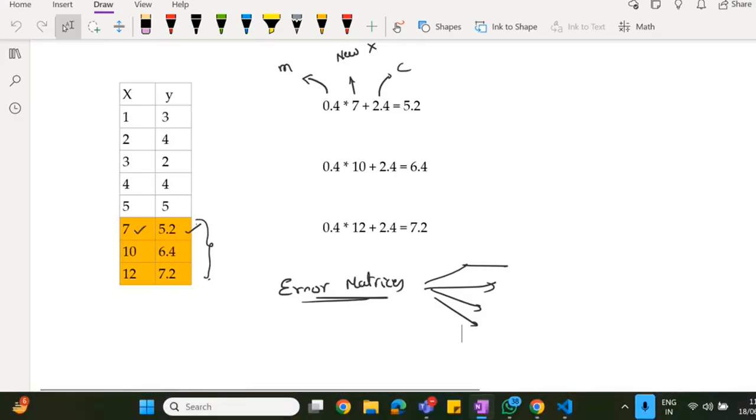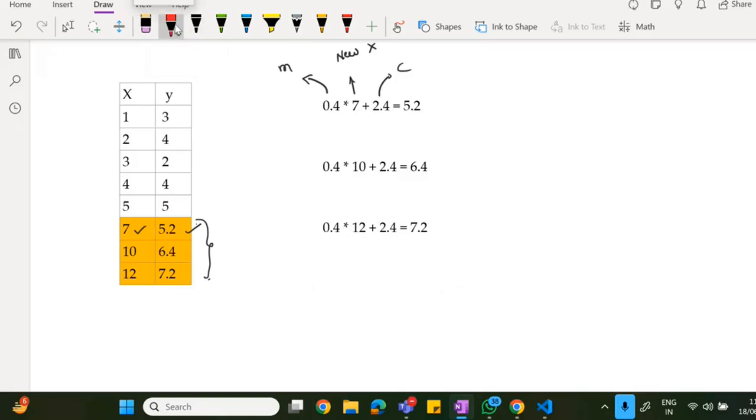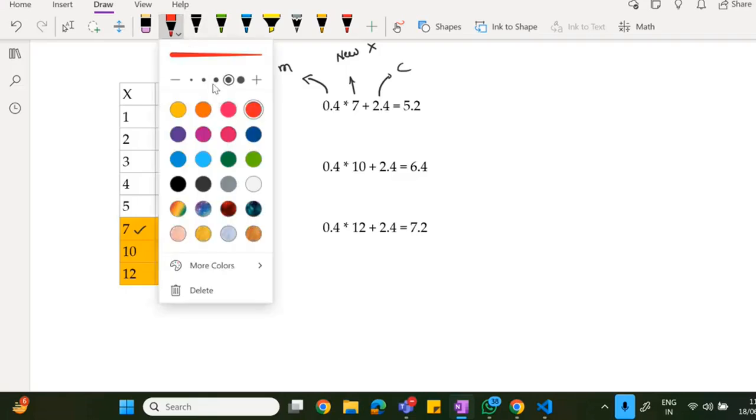Now the question comes: how to know whether these predictions are correct or wrong?